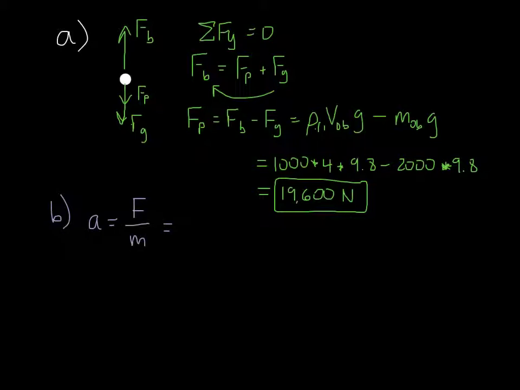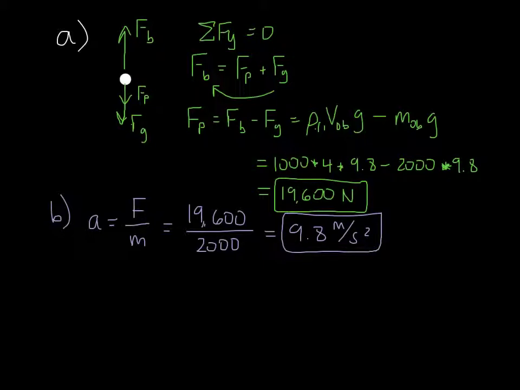And in this case, the net force once it's released is the equivalent of the pushing force to hold it down. So 19,600 divided by the mass of the log, which is 2,000. When you divide 19,600 by 2,000, you get 9.8 meters per second squared.